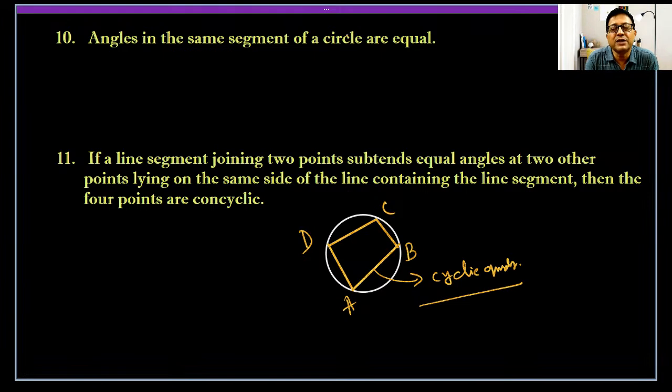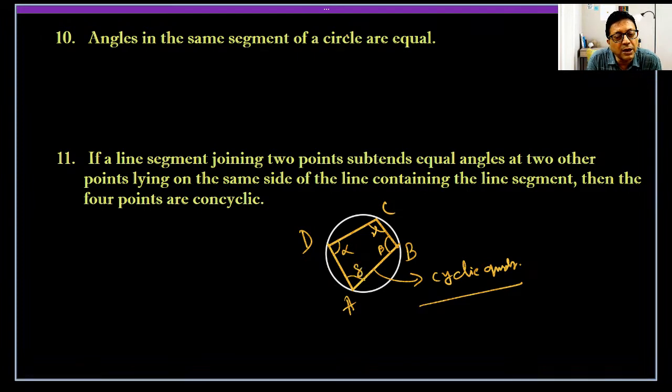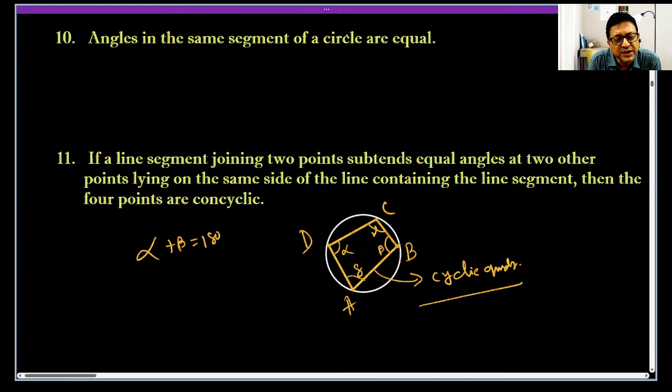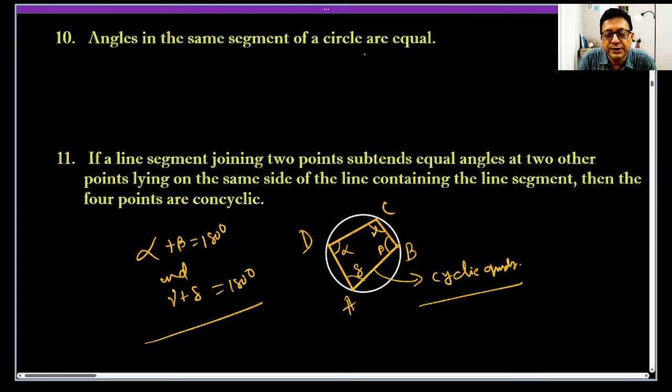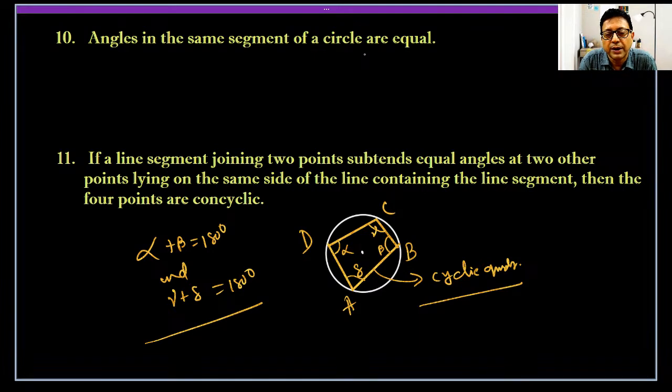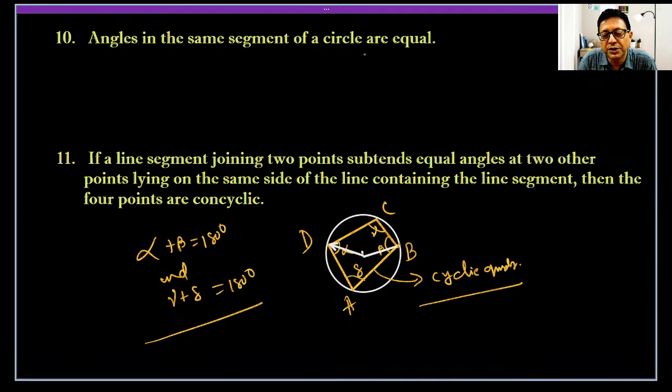Cyclic quadrilateral. For a cyclic quadrilateral, you can prove that this angle plus this angle, alpha plus beta, or this gamma and delta, their sum will be 180 degrees. Can be done easily. And gamma plus delta is also 180 degrees. How to get this? This is the center of the circle. Okay? Just join this also. Just a minute.